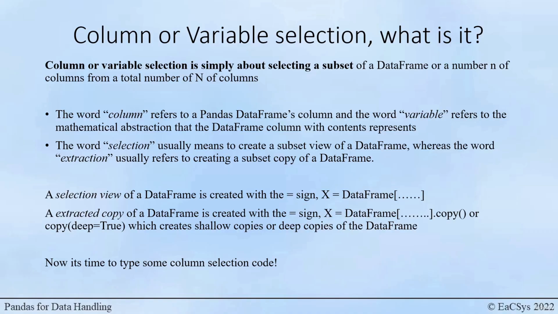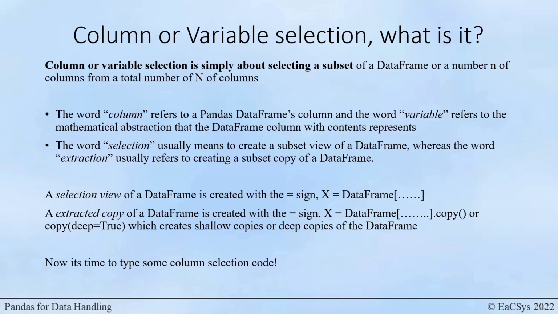And the word selection in Pandas means to create a subset view of a data frame, whereas another word, extraction or copying, usually refers to creating a subset copy of a data frame. And here in the PowerPoint we have some examples of this slight difference.